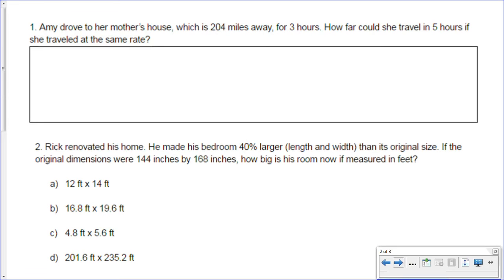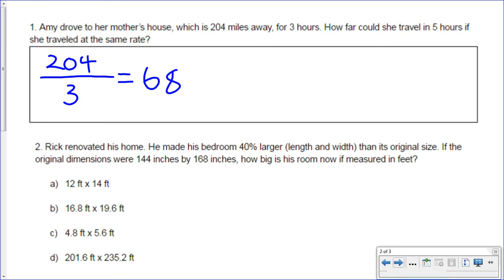So if we know that she drove 204 miles, and we know it took her 3 hours, we can divide 204 by 3, and that is going to equal 68. Now, what does that 68 mean?